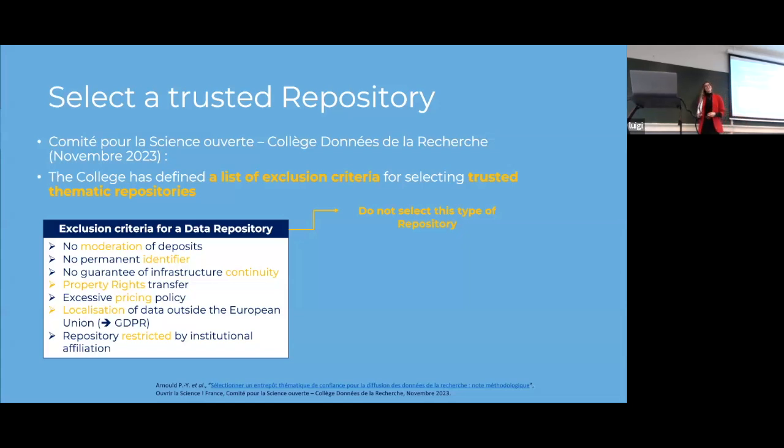For example, if you publish your data in a publisher repository, it's important to know what you keep as a property right on your data. There is also the question of excessive pricing policy.